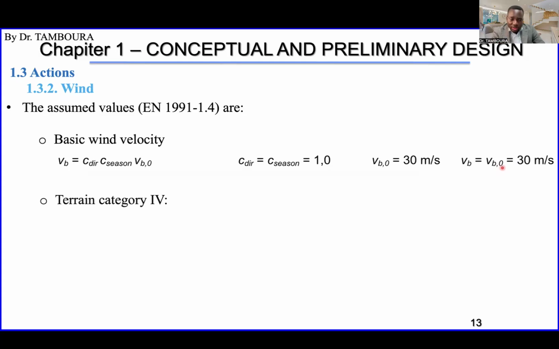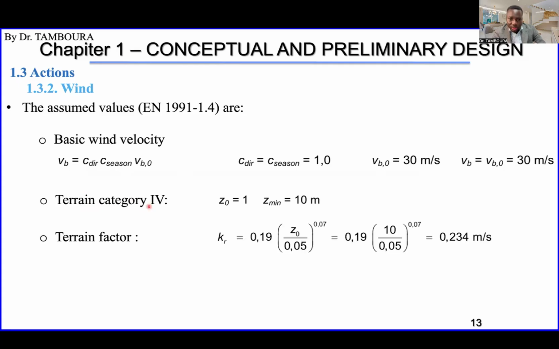Then you need the category, which is already given. We have Z0 is 1, Z min in the previous table. This basic wind speed may depend on each country also, so please check. And the terrain factor depends on this terrain category. It is given by this.